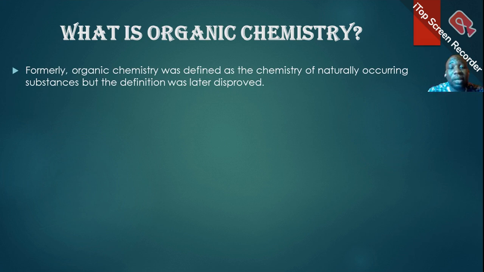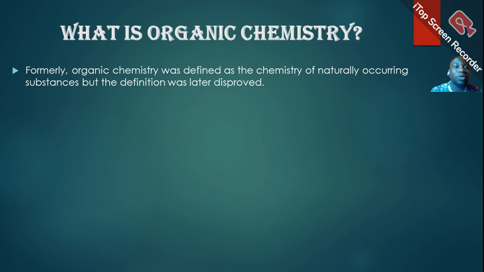Formerly, organic chemistry was defined as the chemistry of naturally occurring substances, and that is why the word organic is here. These were substances that we believed came only from plant and animal origin.